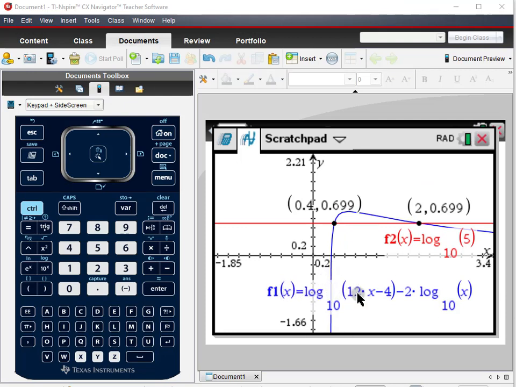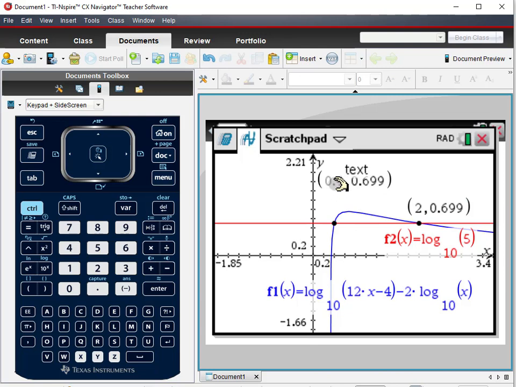Here is the left-hand side of our equation, log base 10 of (12x minus 4) minus 2 times log base 10 of x. That's this weird curvy blue graph here. And then the constant, log base 10 of 5, that decimal value is graphed here for y. And if we look for our points of intersection, we can see that there are 2, and our two x values are 2/5 or 0.4 and positive 2.